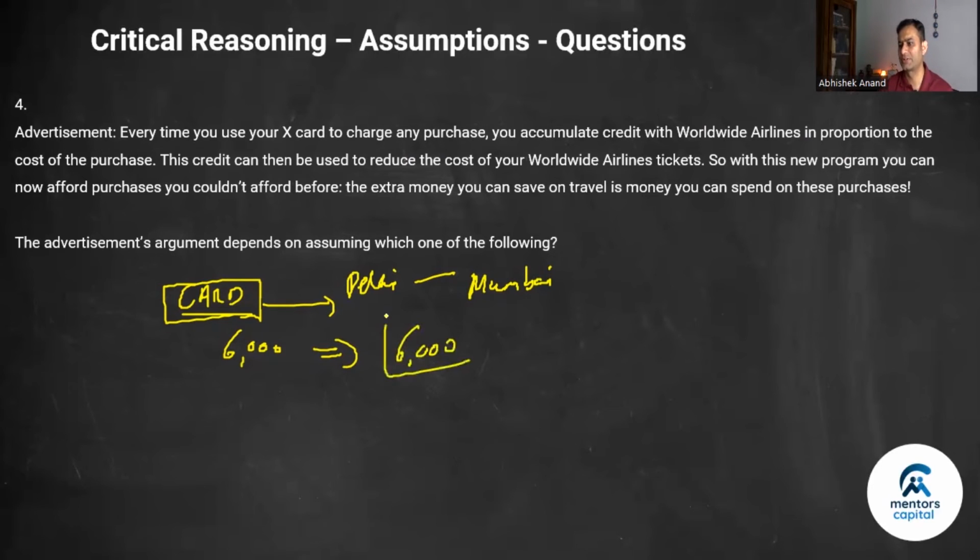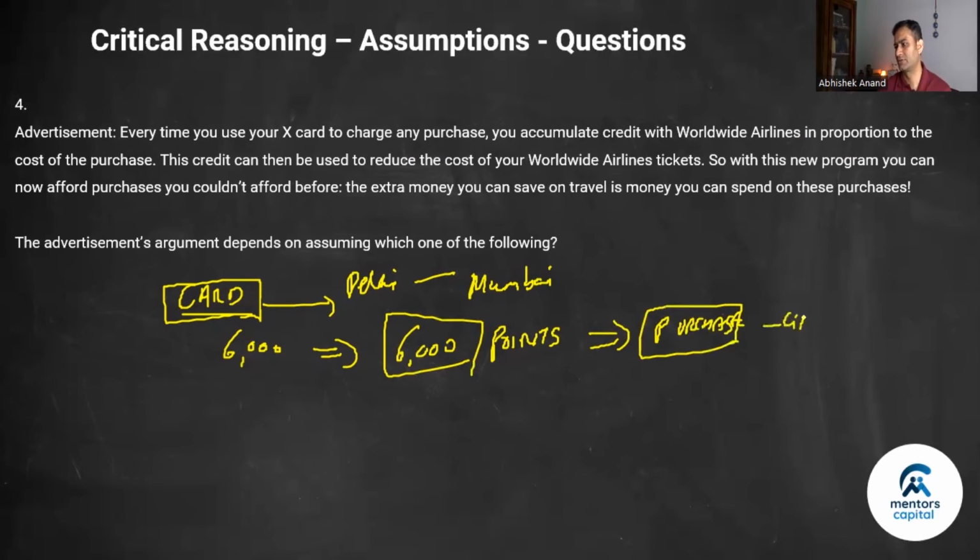I get 6,000 points, which I can use to purchase anything else. So that I want to purchase, let's say, grocery. If I were using some other card, I would not have got 6,000 points. I use this card, I got 6,000 points. Now I can use those points to buy grocery. So that's why I'll save money and overall I can spend on these purchases.